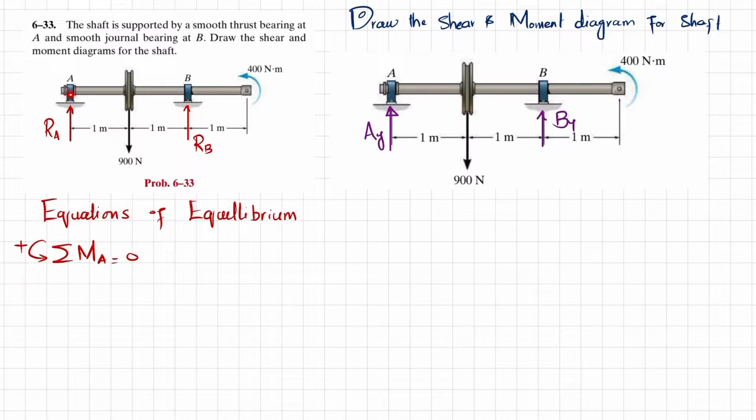Now at point A, one moment is due to this 900 times the perpendicular distance of 1, and that will be clockwise, so it will be negative. The second moment is due to RB at a perpendicular distance of 2 meters, and it will produce a counterclockwise moment, so it will be positive. The third moment is the external moment, 400 Newton-meter, which is counterclockwise, so it will also be positive.